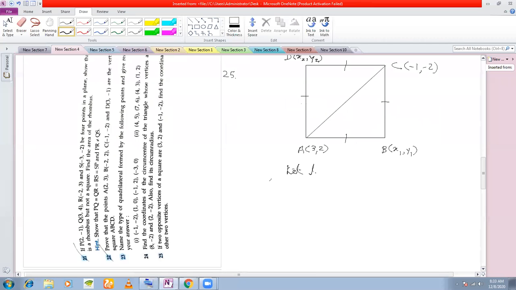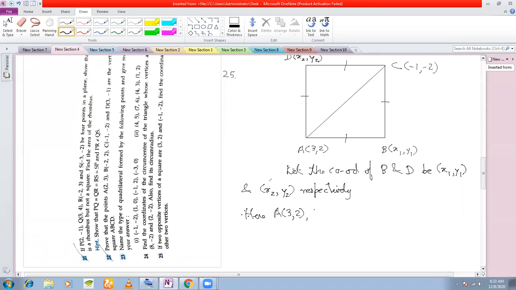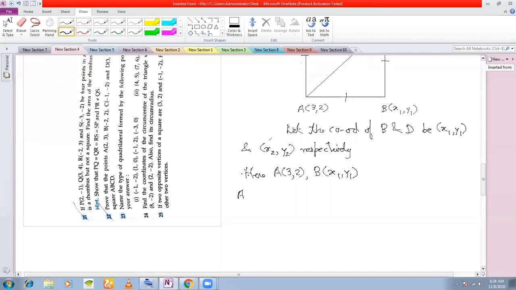Let the coordinates of B and D be x1 y1 and x2 y2 respectively. Therefore, A here is 3 2 and B here is x1 y1. So calculate the distance AB.